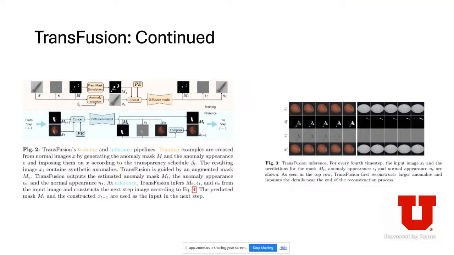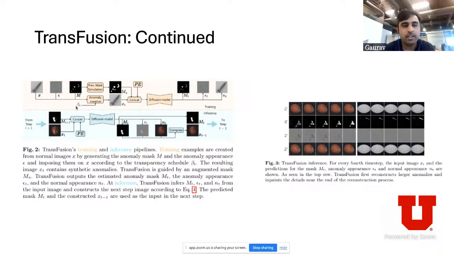The only thing I'm confused about is why they specify the transparency factor. The transparency factor is varying along with time t, right? It's a function of t, so beta should vary as t varies.